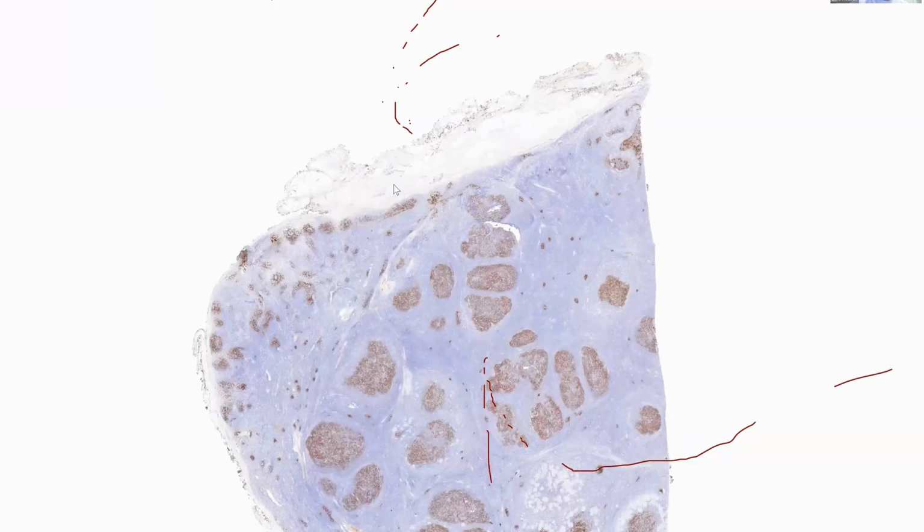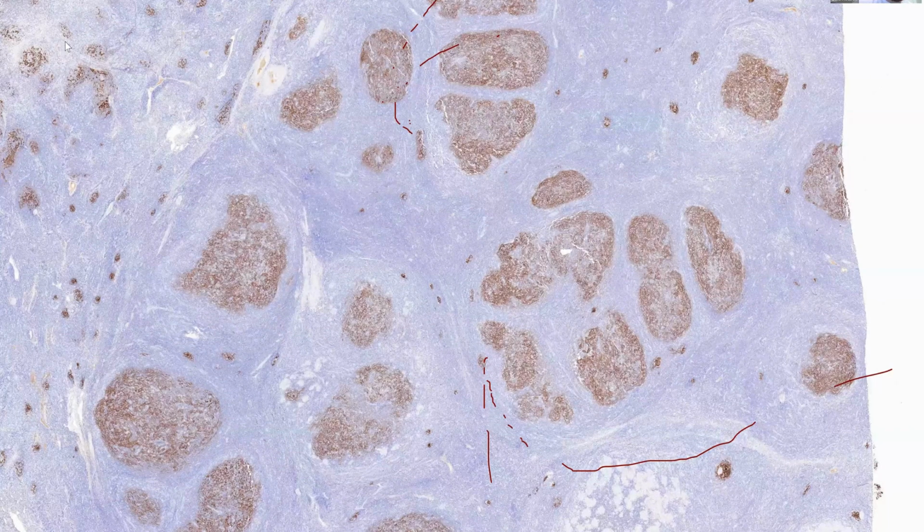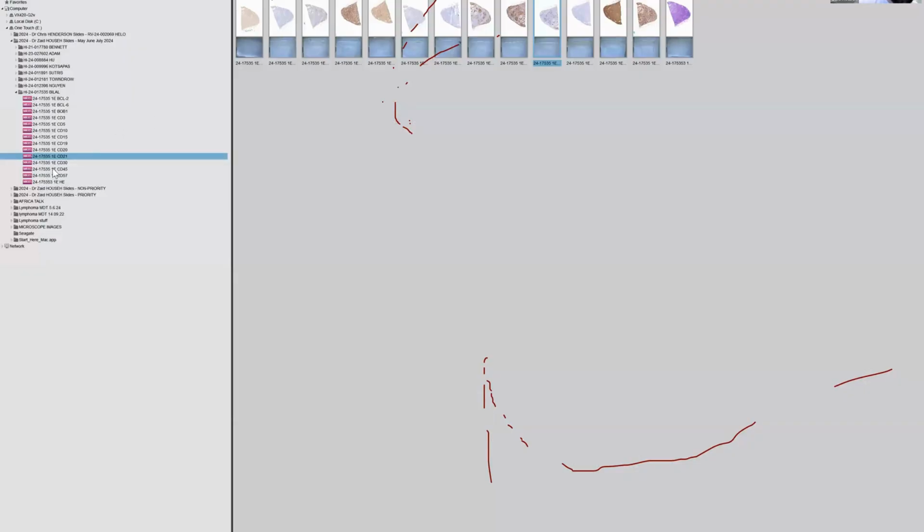The CD21 shows a pattern of slightly expanded follicular dendritic meshwork, and this is the typical feature that you see here. The last thing I want to show is the CD45. You can see that these larger cells are strongly positive for CD45. CD57 shows some rosettes around these larger cells.